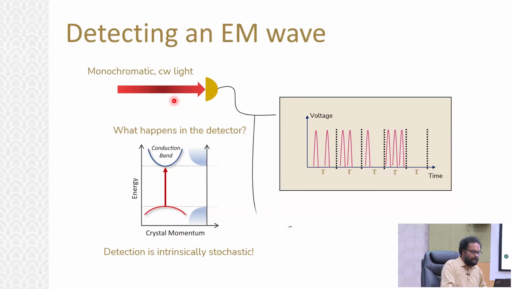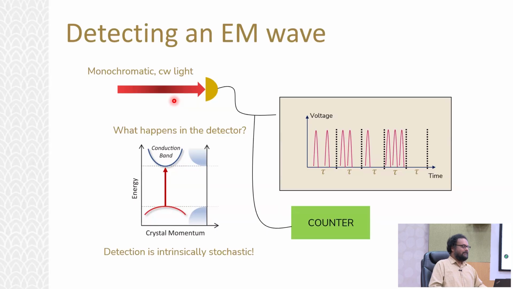Okay. So once I have these events, I can connect it to a counter. It's like clicks, right? It clicks, and from the counter, I can measure a histogram. You're all fine with this?